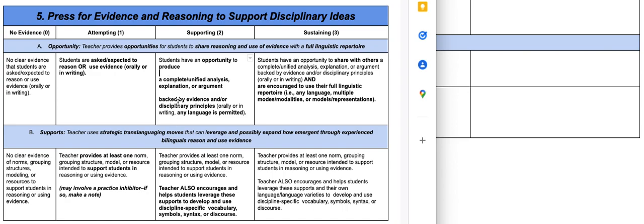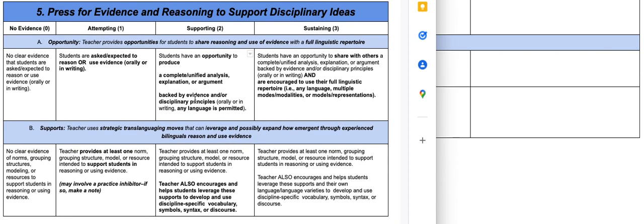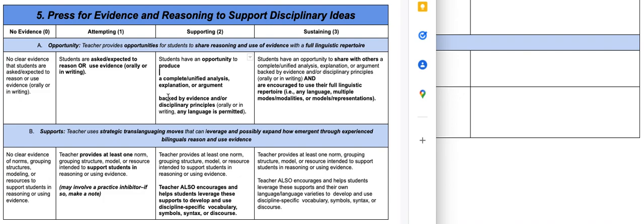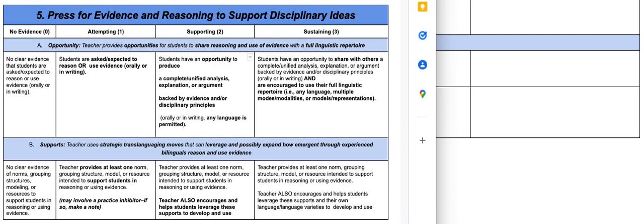So in science, evidence is always part of a complete explanation or argumentation. I'm not sure about the other subjects, but we definitely want to see students being asked to give evidence or disciplinary principles here. And any language is permitted. So I feel like at a level 2, you're looking for, are the students being told that they can only use English?